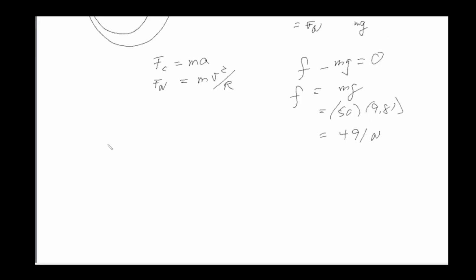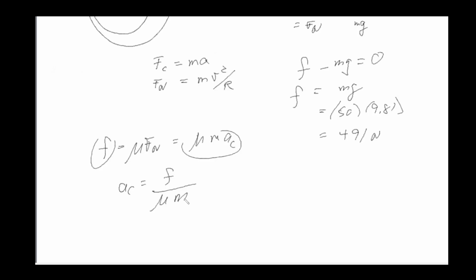We also know that the force of friction is equal to the coefficient of friction times the normal force, which is equal to the coefficient of friction times mass times centripetal acceleration. If we solve for acceleration, we get acceleration is equal to friction over coefficient of friction times mass.